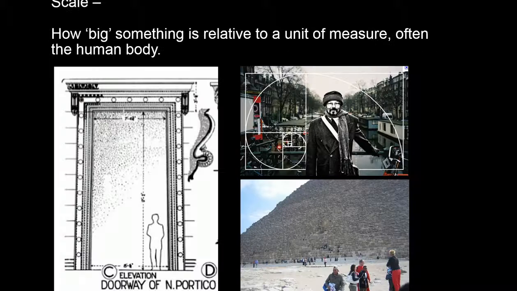scale. So scale becomes an important thing in understanding architecture. Sometimes when we walk up to something, we know that it's big because we're relating it to our human body, right? Up here you see an image of, I'm not sure who this gentleman is, but you've got the logarithmic spiral, which has what they call the golden ratio.